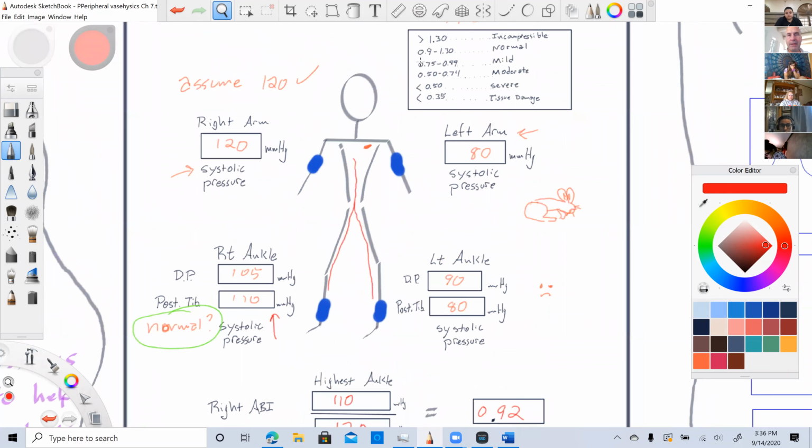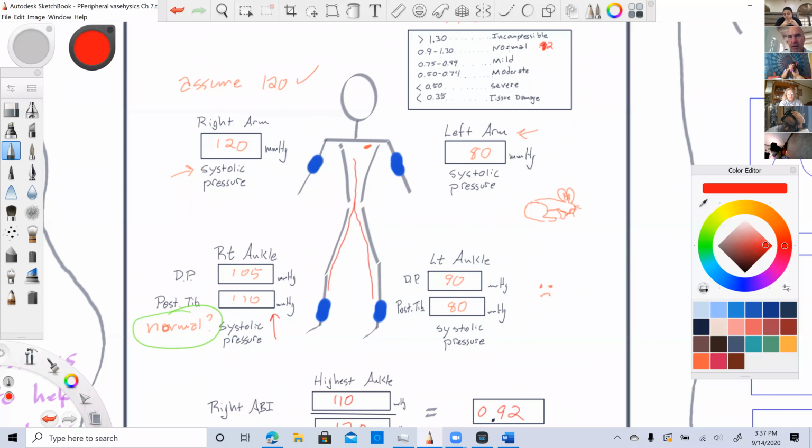0.92, the right is normal. We fell well within normal, so we're good there. The left, though, what did I say, 0.75?